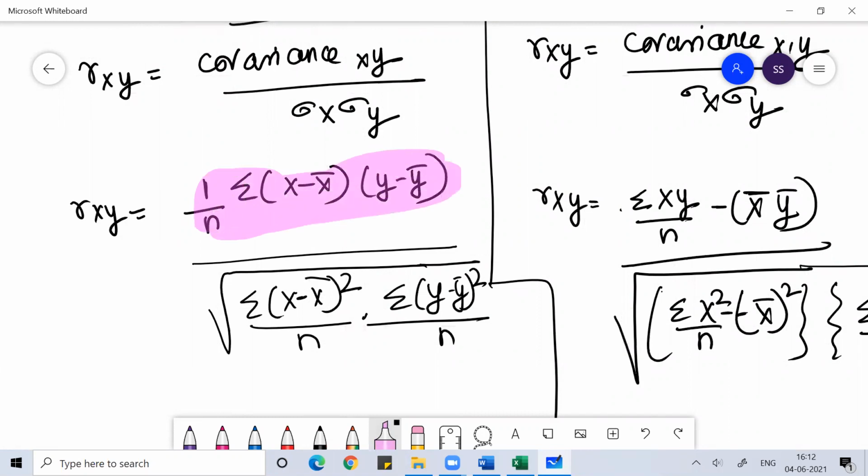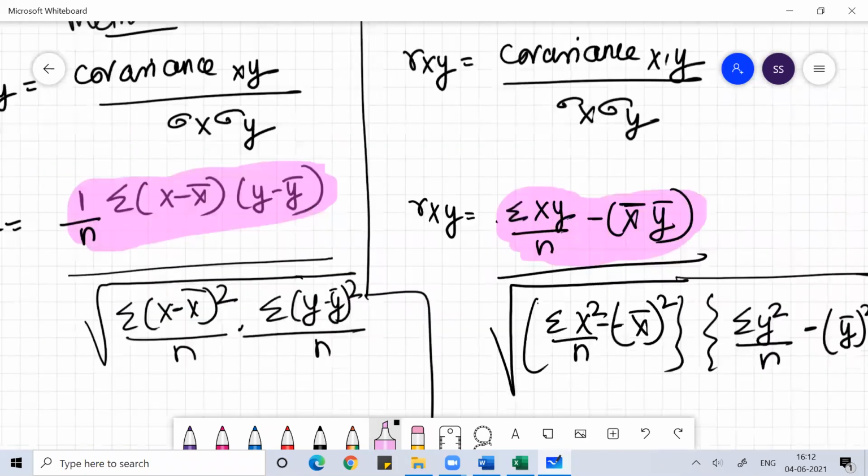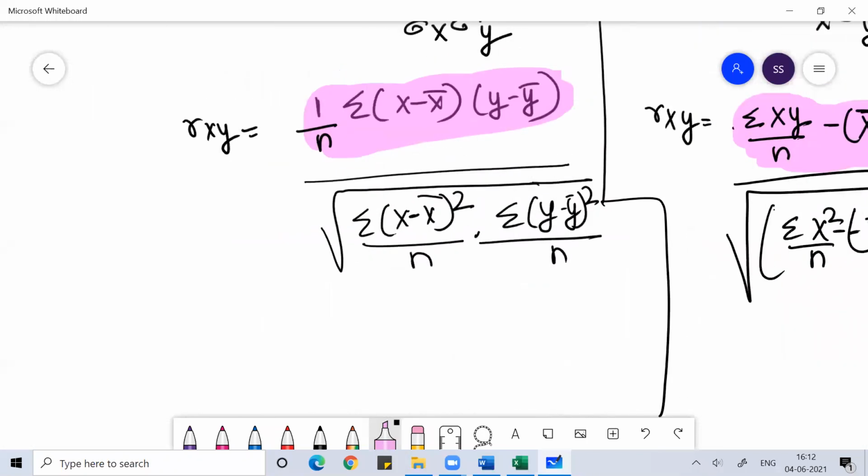You can write covariance is equal to summation of x minus x bar into y minus y bar by n, or you can write this formula of covariance: sum of xy by n minus x bar y bar. If you divide by the standard deviations, you get the r value.